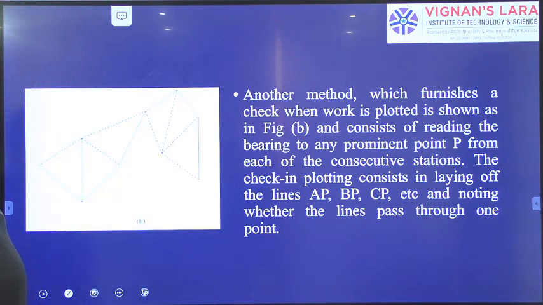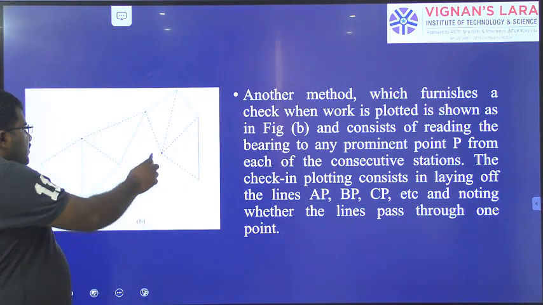Another method: here the check, when the work is partly shown in the figure, consists of reading the bearings to any prominent point P from each of the consecutive stations. The checking plot consists of laying off the lines AB, BP and noting whether the lines pass through one point.